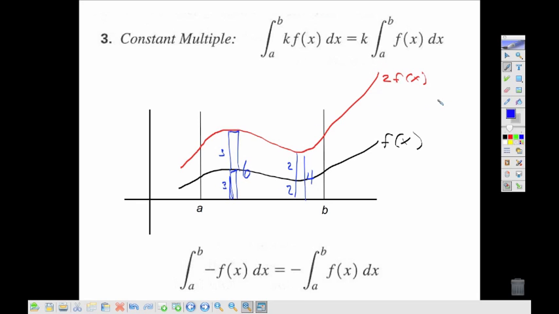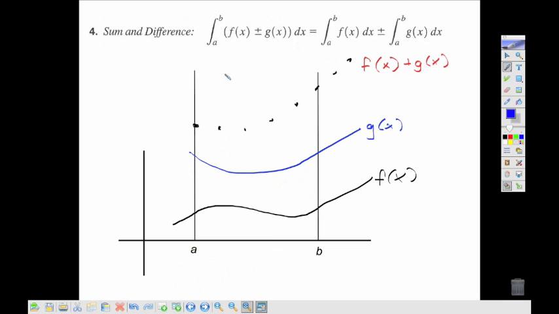So if I look at the area as a whole, then when I double f of x, 2f of x would double the area. This would also work if I had a negative number, because that would just be a constant multiple of negative 1. So what it's saying is, if we have a function and a constant multiple, we can just pull it out, calculate the integral on its own, and after we calculate it, then we multiply by the multiple.